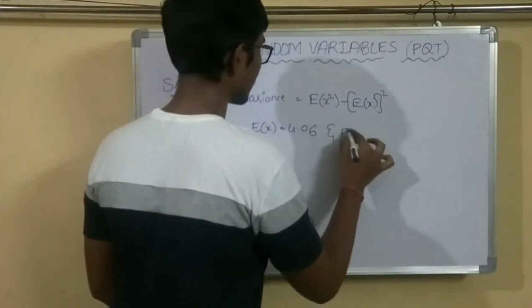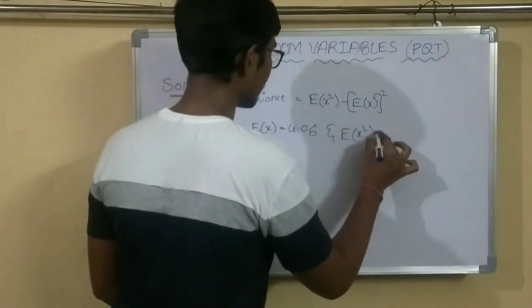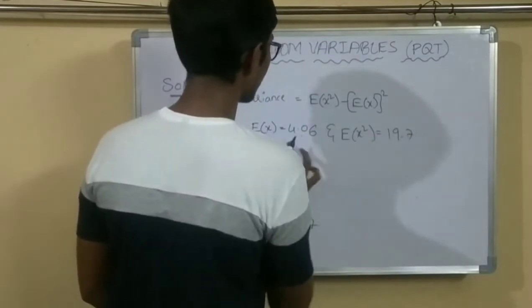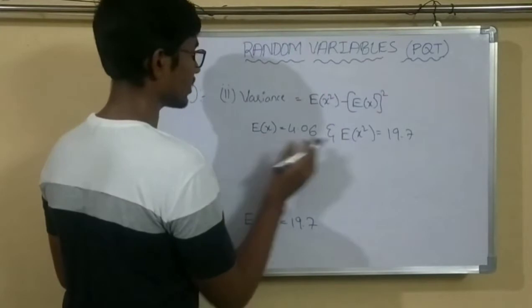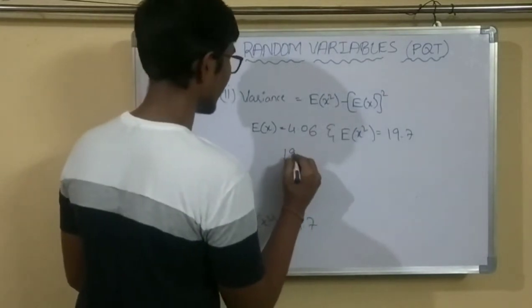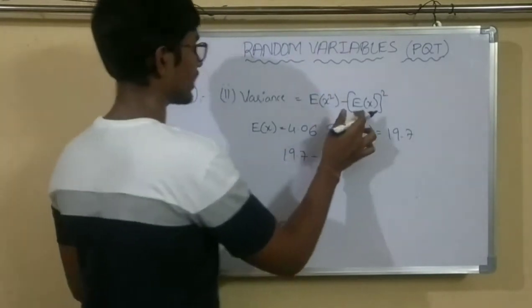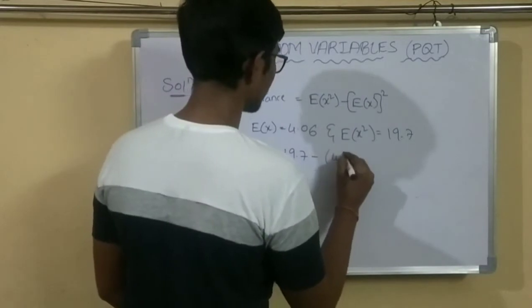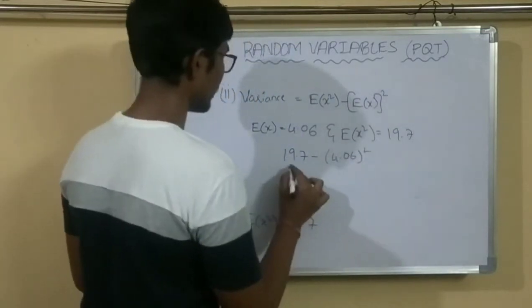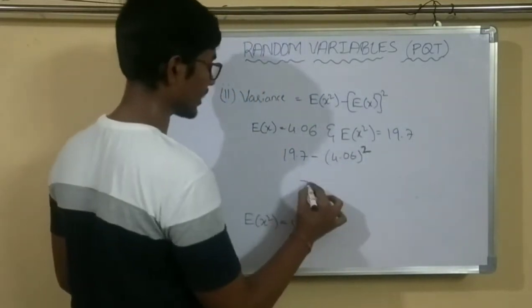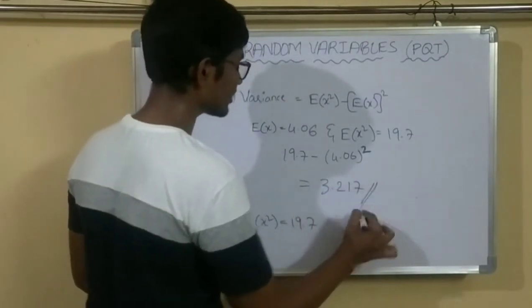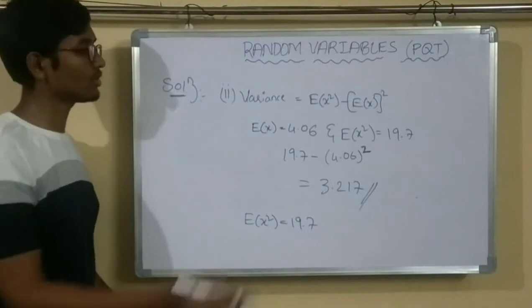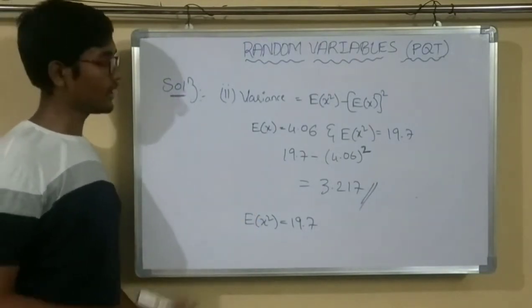And expectation of x square value is 19.7. Now if I substitute these two values in the formula, I get 19.7 minus expectation of x whole square, that is 4.06 whole square. If I simplify this value, I will get the answer as 3.217.